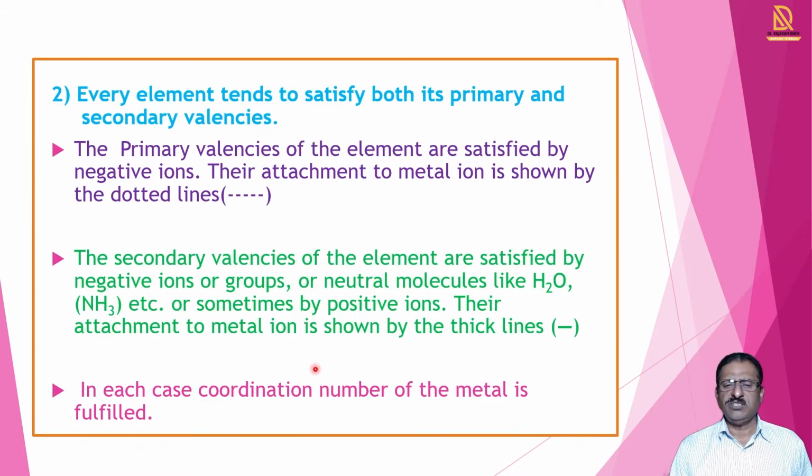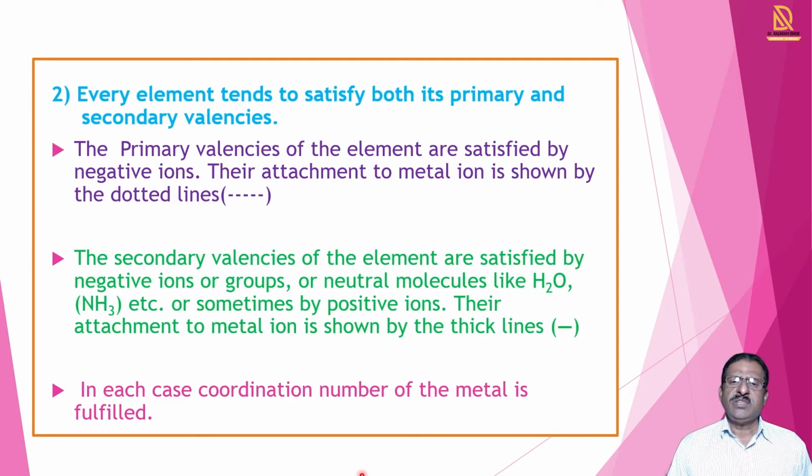Then the secondary valencies of those elements or metals are satisfied by negative ions or groups of ions, or by neutral molecules like H2O, amine or any other, or sometimes some positive ions.